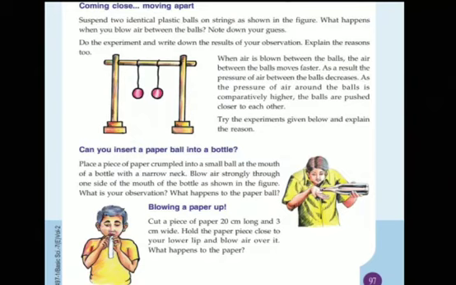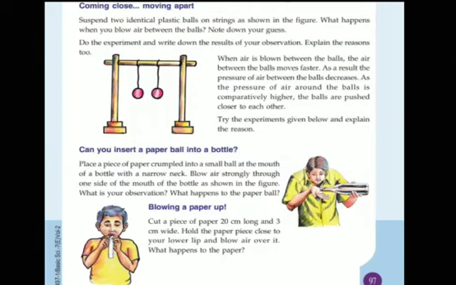What happens is that the paper ball is thrown outwards. When you blow the air across one side of the mouth of the bottle, the air there moves faster. So when the air moves faster, the air pressure there decreases. But the pressure of the air inside the bottle is very high. This makes the paper ball throw outwards.